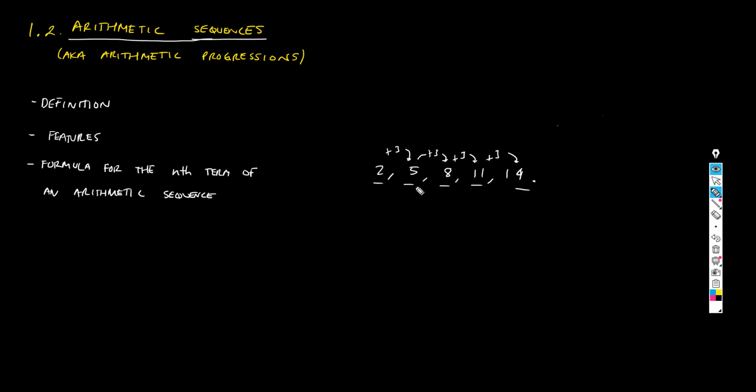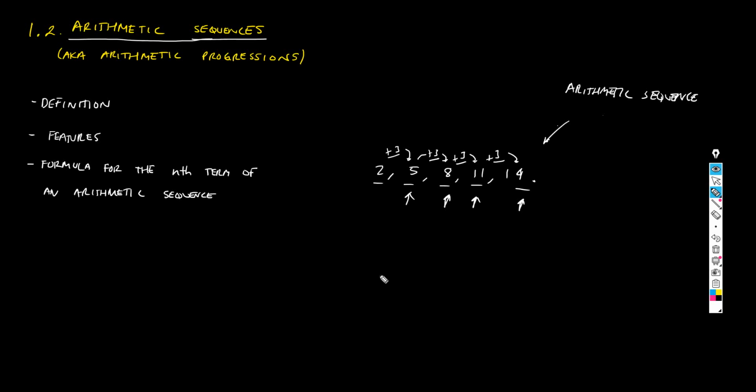So as you can see, each new term in the sequence is obtained following that precise rule. And that rule is this. Look at the previous term, add a specific constant, and you will get the next term in the sequence. So when your sequence has this property, this is what we know as an arithmetic sequence. That is the defining property of an arithmetic sequence.